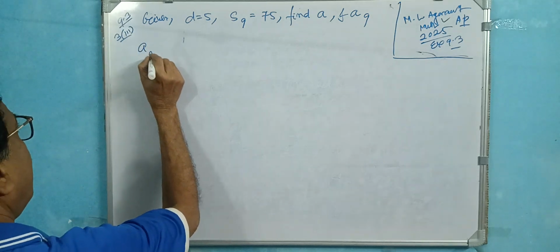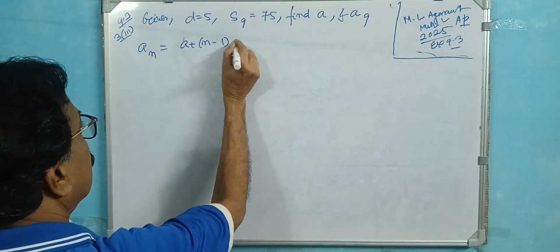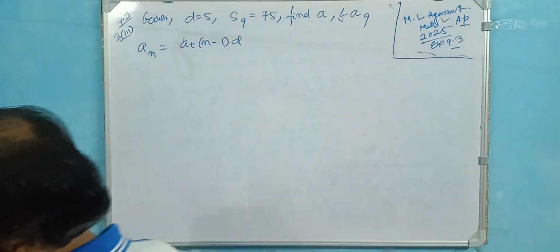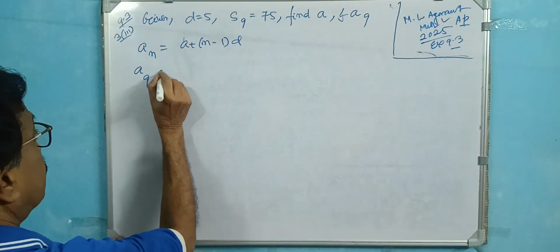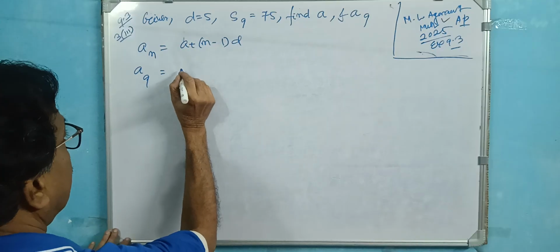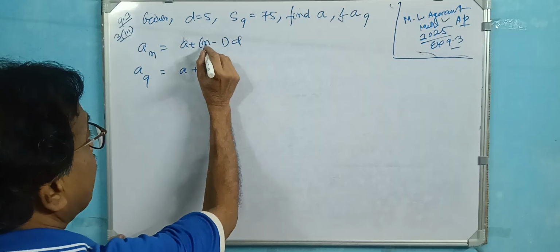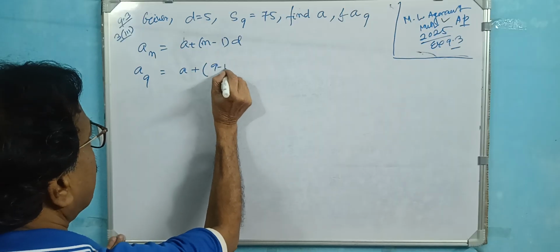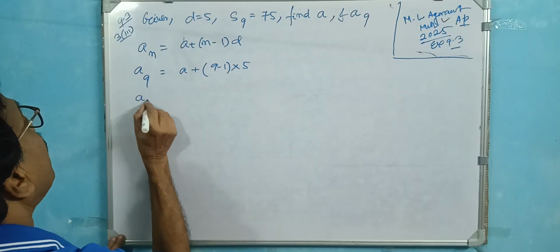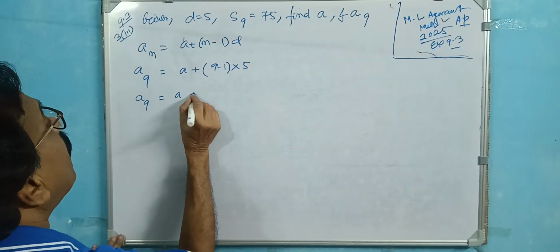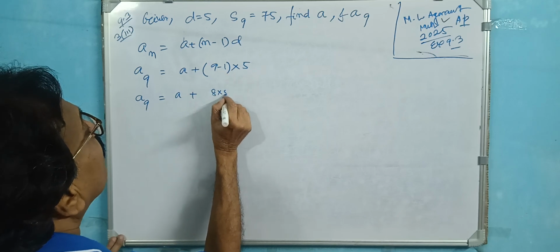a_n is equal to a plus n minus 1 into d. You know it very well. So for a9, n is 9, a plus 9 minus 1 into d, d is 5. So a9 is equal to a plus 8 into 5.